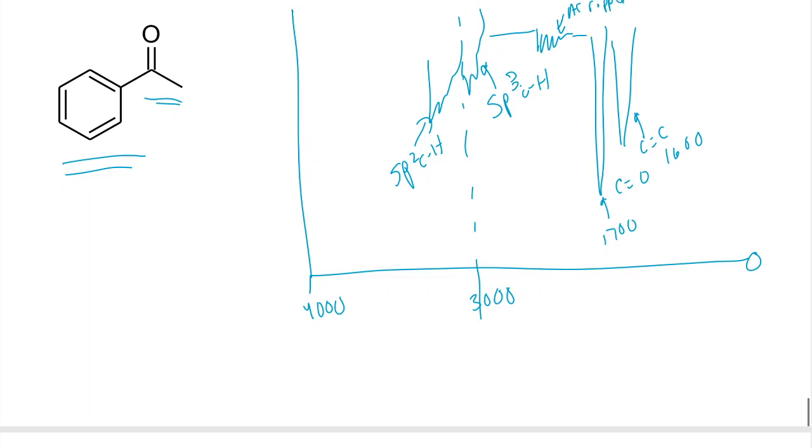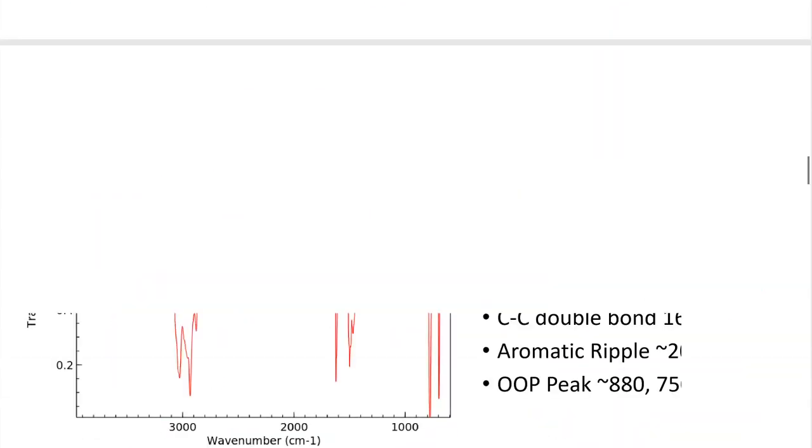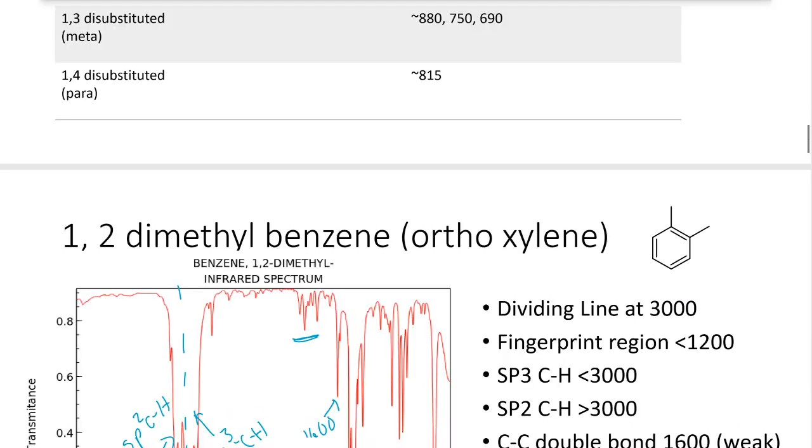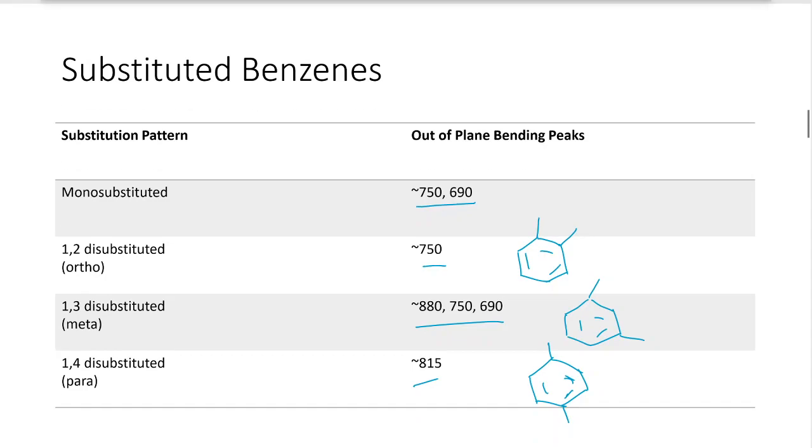Okay, and we have a mono-substituted benzene ring, which is going to have peaks, and now I have forgotten. Let me go back up and find that. Look at my little chart here. It's going to have peaks at 750 and 690.